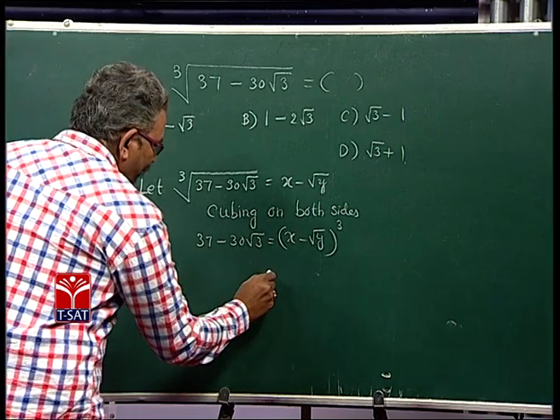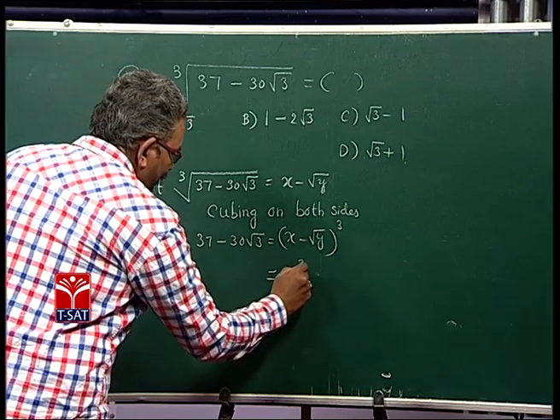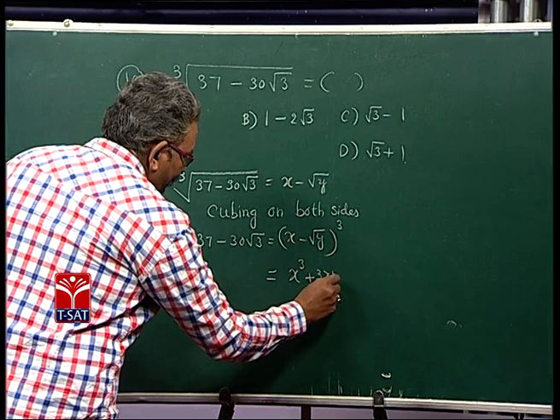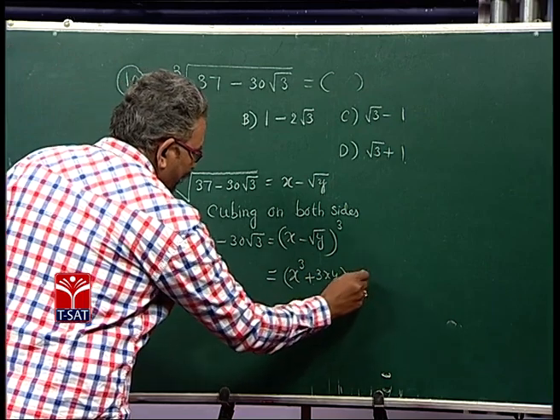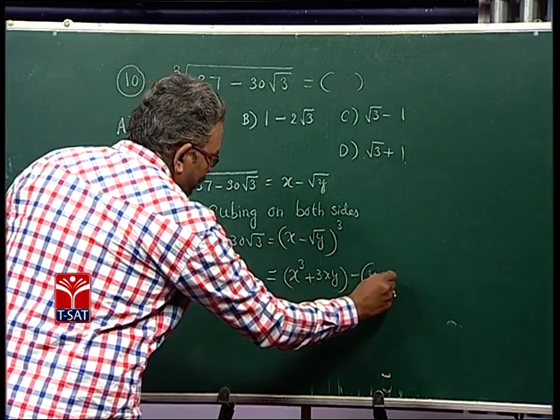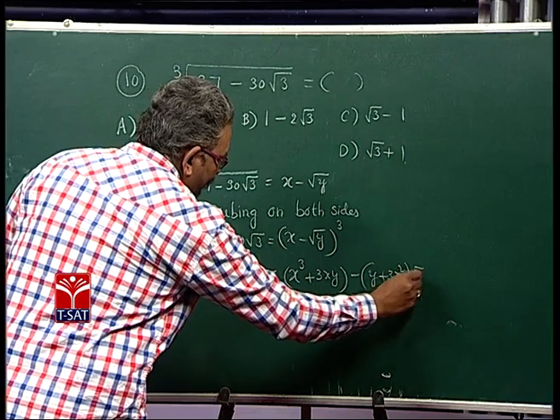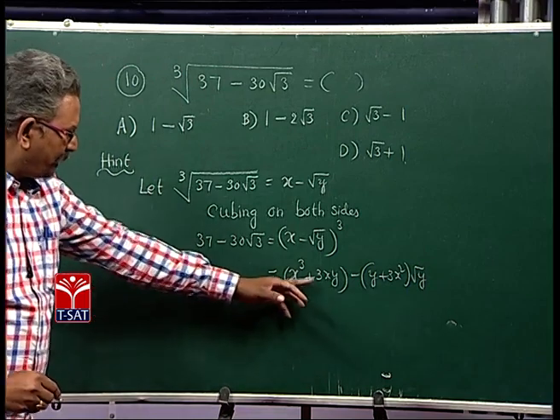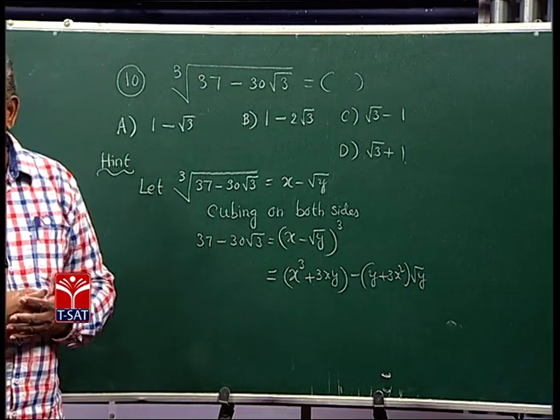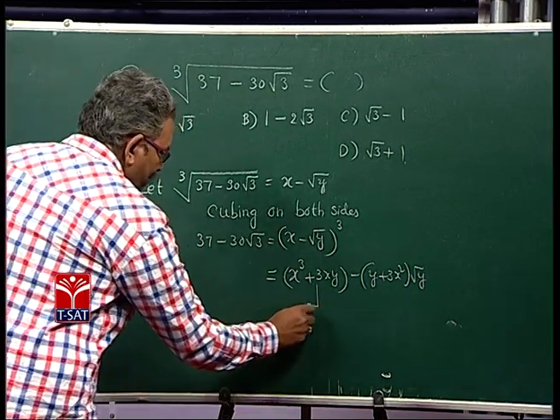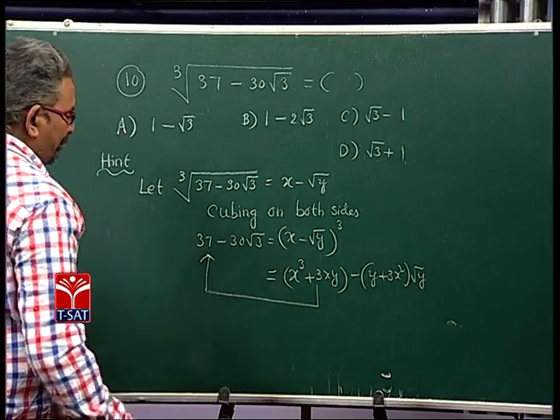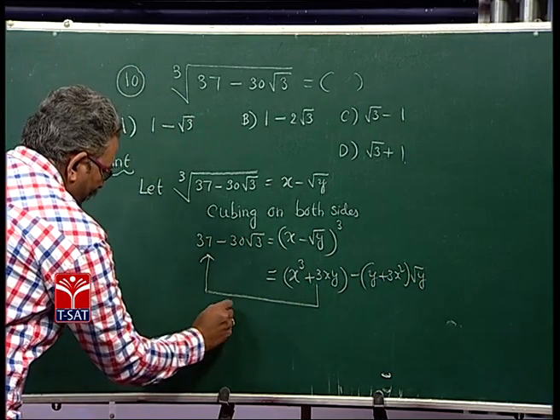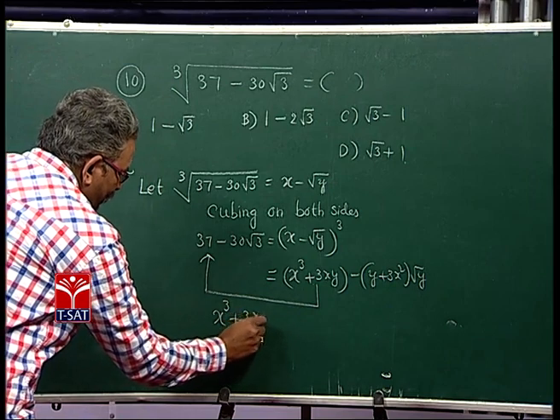This is equal to x cube plus 3xy minus of y plus 3x square root y. In a similar manner here also, compare rational parts on both sides. So that means this is compared to 37. x cube plus 3xy is equal to 37.